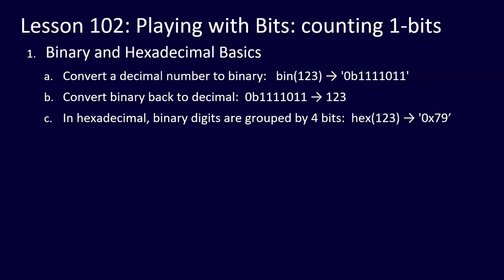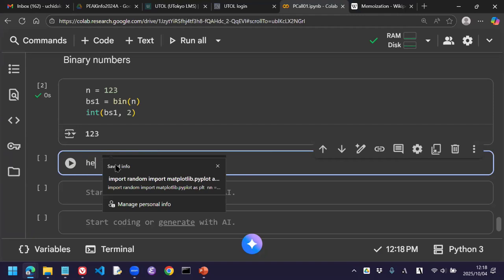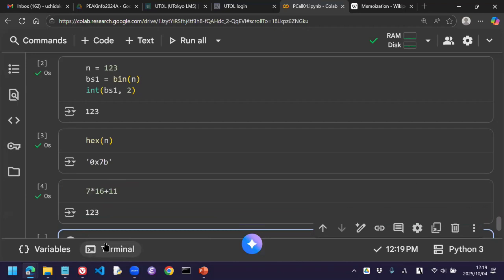To do that, we can use hex(n), and we get the string 0x7b. The 0x means that this is a hexadecimal representation, and 7b means 7 times 16 plus b, which means 11. So what we get is 123.